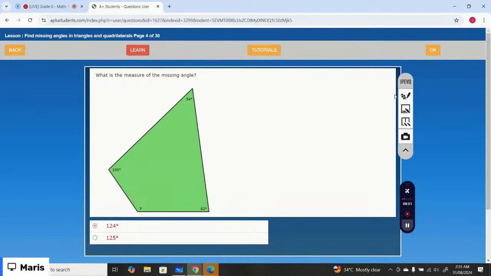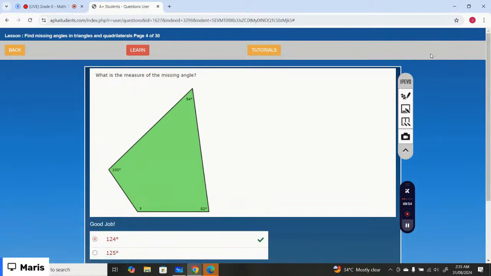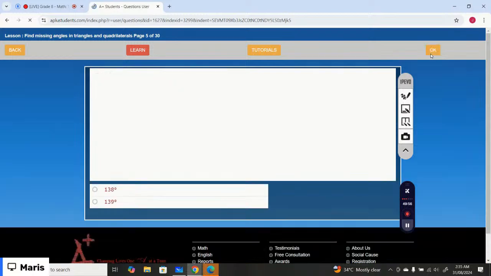Option number 1 is the correct option. What is the measure of the missing angle?